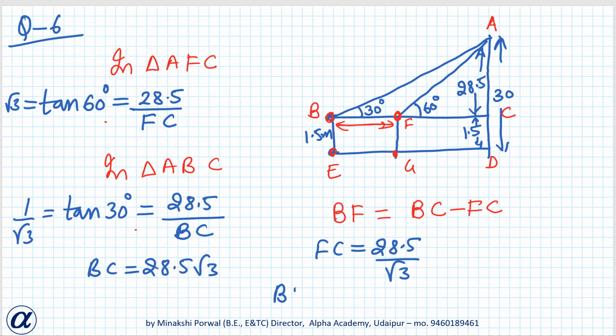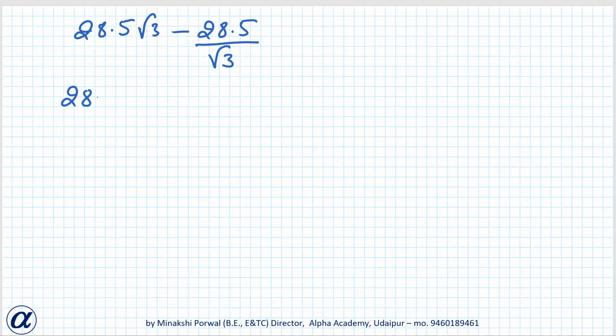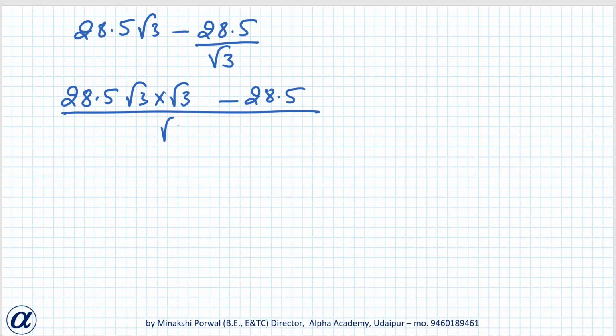So BF equals BC minus FC. Okay. So we have to basically solve this: 28.5 root 3 minus 28.5 upon root 3. When we'll take LCM, it will be 28.5 root 3 into root 3 minus 28.5, and LCM is root 3. So it is 28.5.